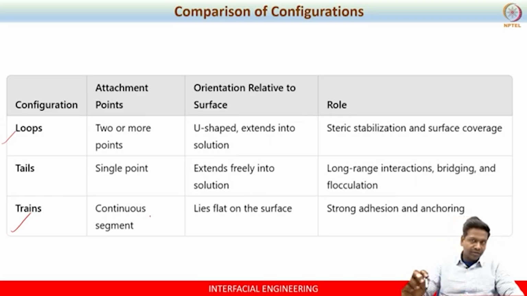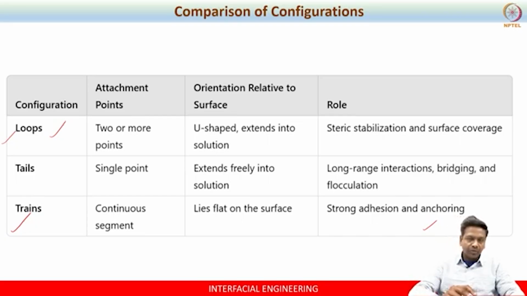But in the case of train, the polymer molecules anchor onto the surface in a continuous fashion, such that they orient themselves parallel to the surface or lie flat on the surface, which will ensure strong adhesion and anchoring. So this will always lead to steric stabilization. Both train-like configuration and loop-like configuration lead to steric stabilization.